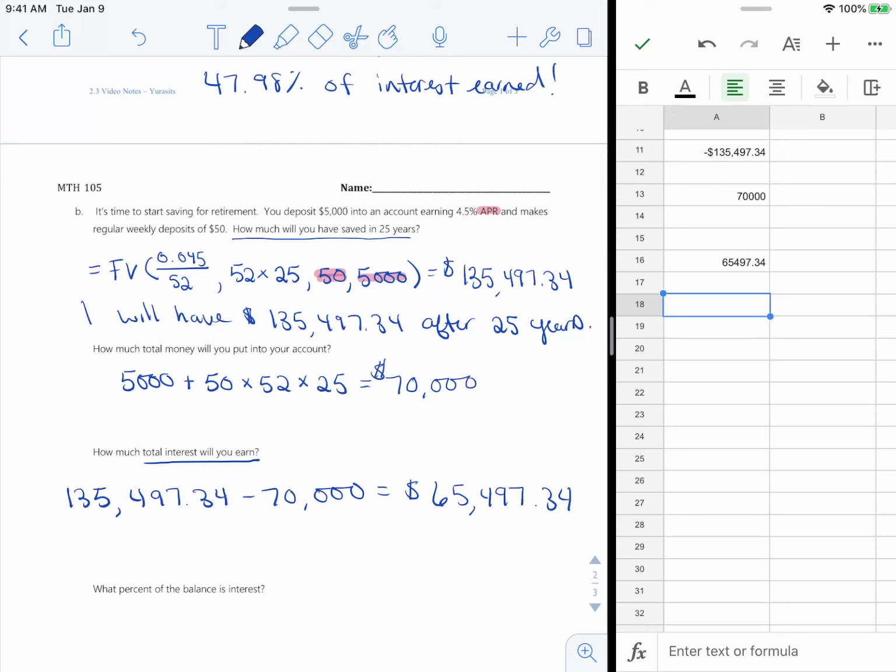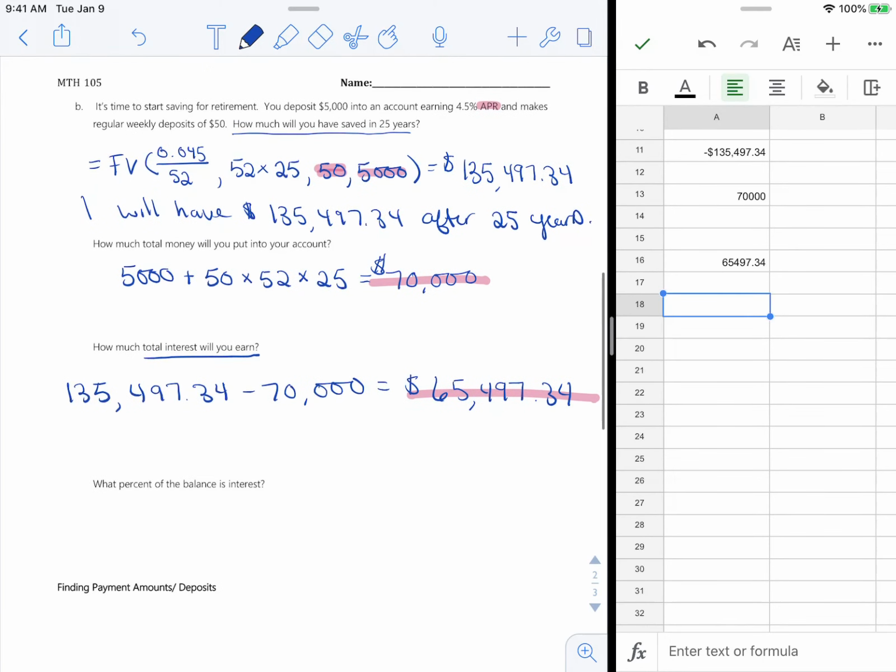Wowza. So if you compare what you put in and what you earned in interest, you could see they're almost the same, right? So that's why you should realize that the percent of the balance's interest should be close to 50%. So remember, it's part over total for percent. So my interest that we've earned is $65,497.34 over the total amount.